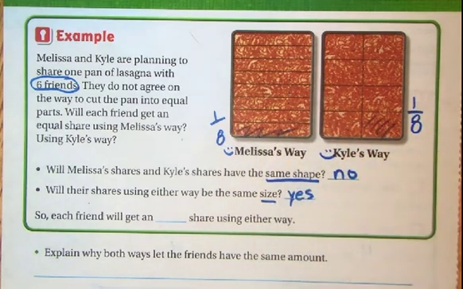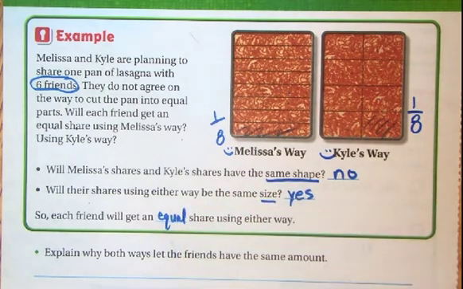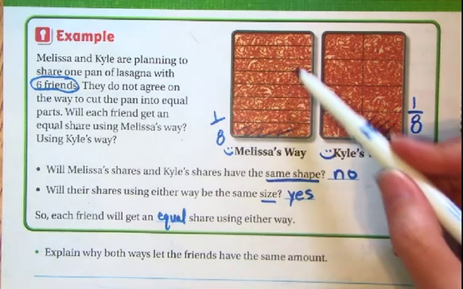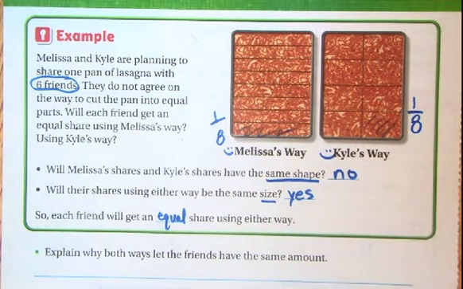They look different, but they're equal in size. So each friend will get an equal share. So does it matter, guys, that it's cut this way versus this way? No. In this case, they're both equal to 1/8 of the lasagna.